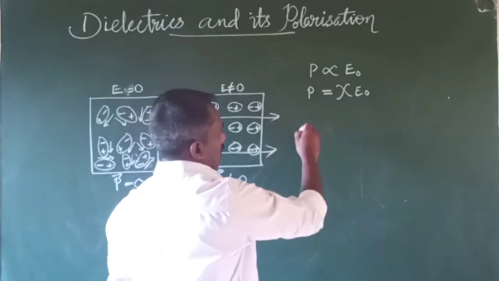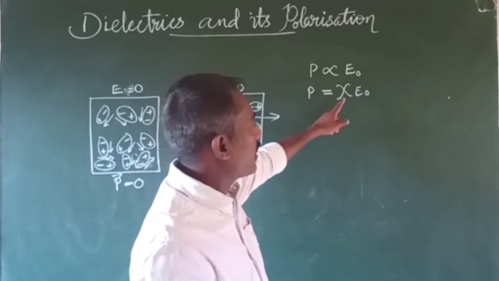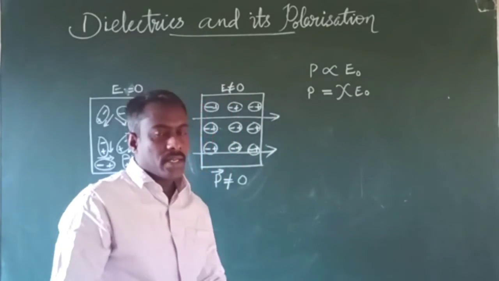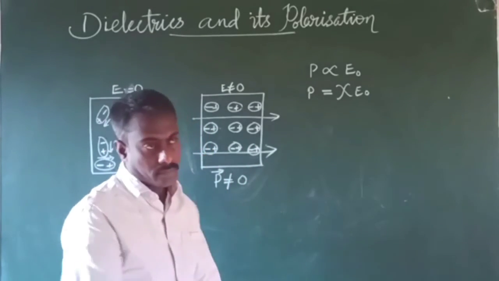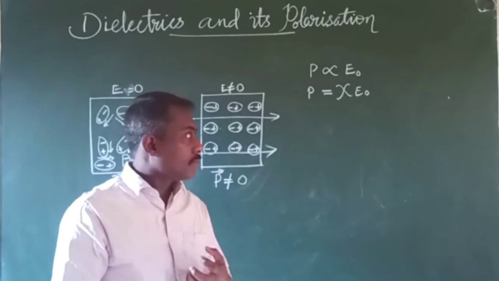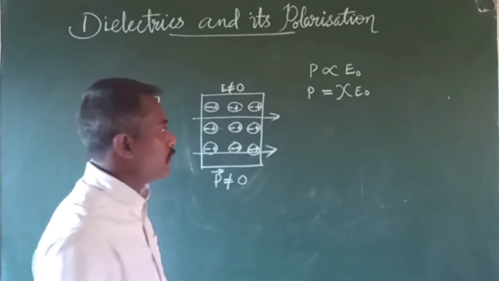So how can we calculate the electrical susceptibility? P is equal to psi into E0. Then how can we calculate how much this dielectric is polarized, with respect to the electric dipole moment?